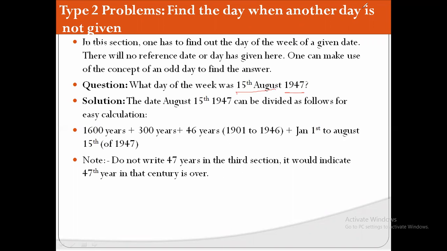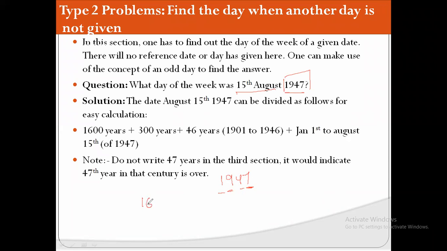First of all, we have to decode this year 1947, how many odd days are there. So we have to divide it first of all into centuries, because 4 digits are there.